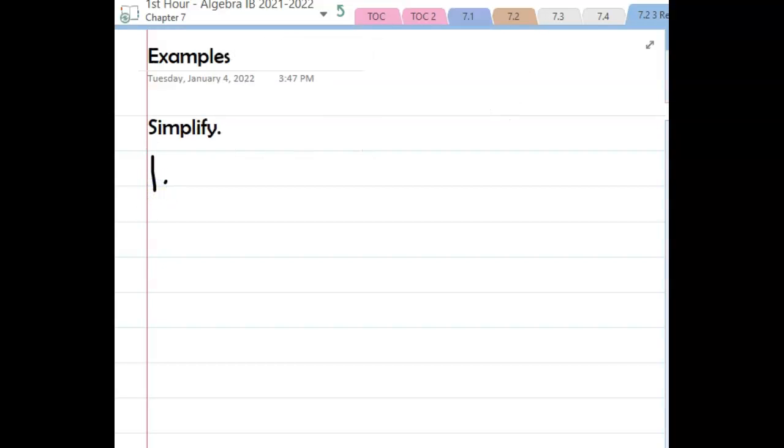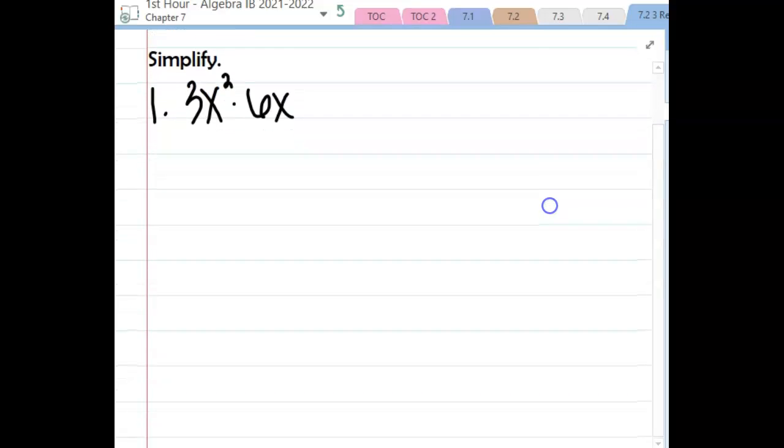All right, so number 1, 3x squared times 6x. Now, keep in mind these are all multiplication problems. We shouldn't ever be adding the coefficients, okay?